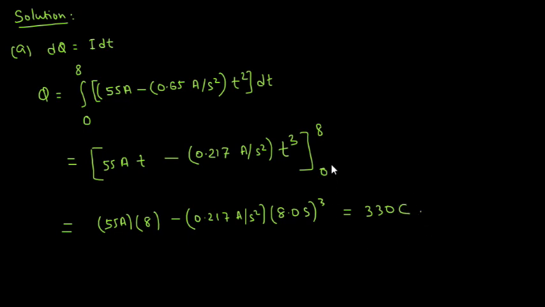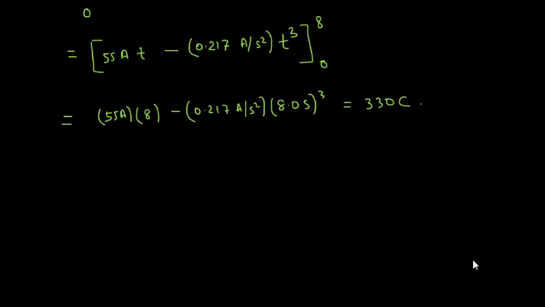Solving it and putting 8 and 0 in the equation as the upper and lower limits, we get 330 coulombs.